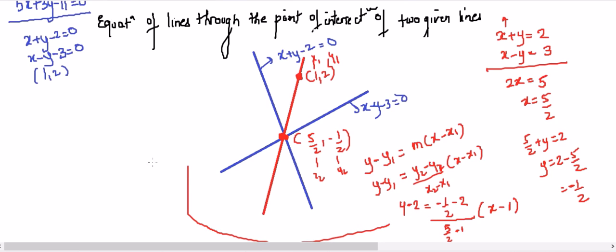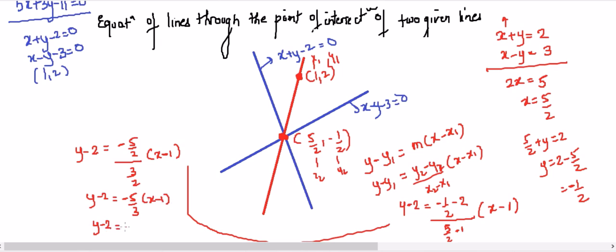Continuing this, y minus 2 equals minus 5 over 2 divided by 3 over 2, times x minus 1. So y minus 2 is minus 5 over 3, x minus 1.